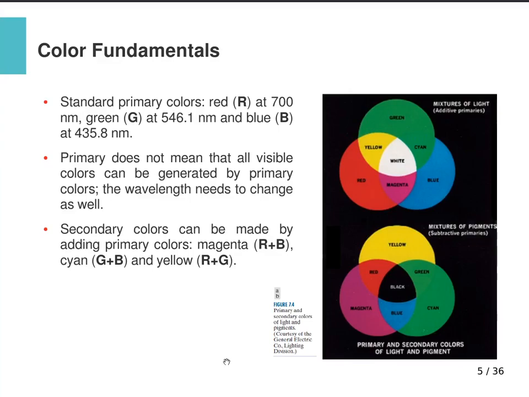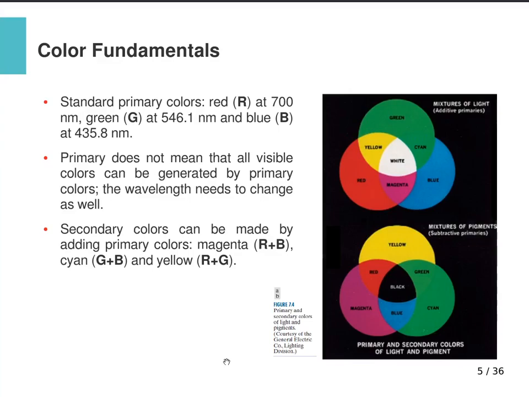So primary colors do not mean that all visible colors can be generated by primary colors, because what happens with these primary colors is that we have a specific wavelength for each one of them. So creating other colors needs to account for the change in wavelength.